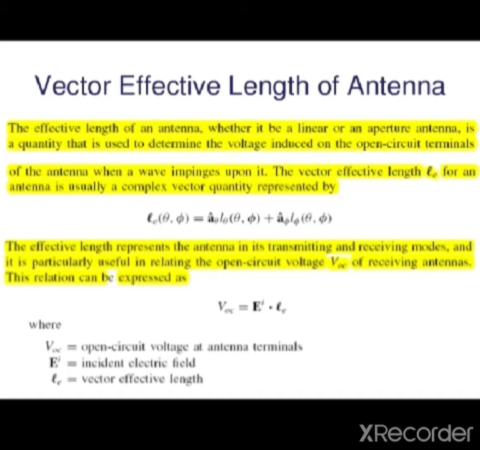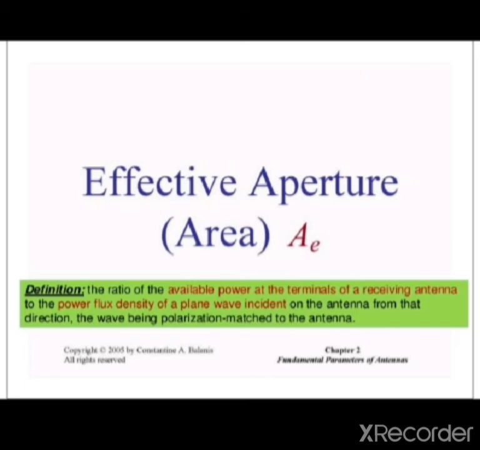The same is given here: the open circuit voltage at the antenna terminals is equivalent to the product of the incident electric field and the vector effective length. So this is a very important formula for the effective length of the antenna.